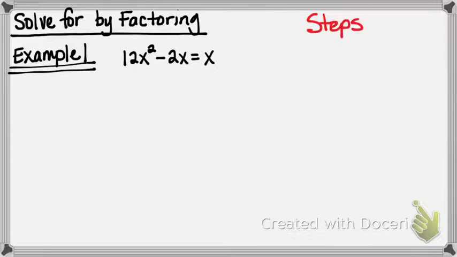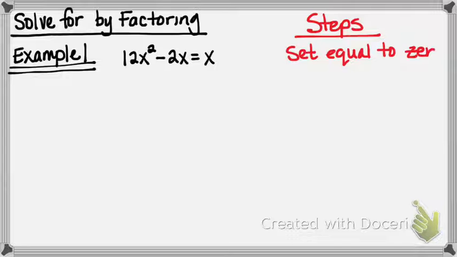I'm going to give you some steps to write off to the side. You always start by setting it equal to 0. And that's always going to be your first step.